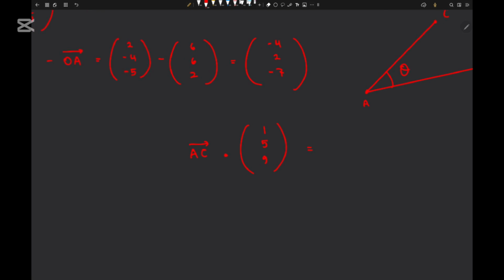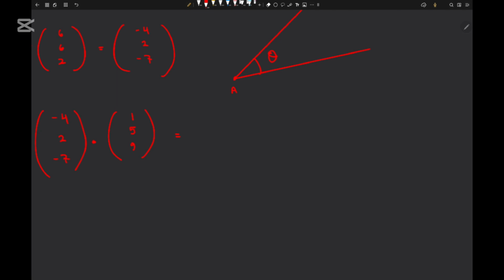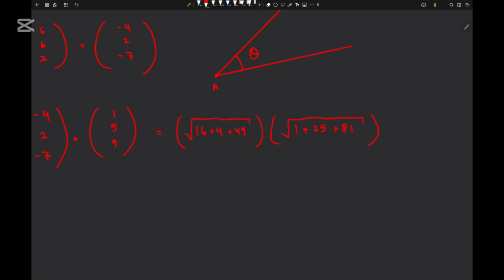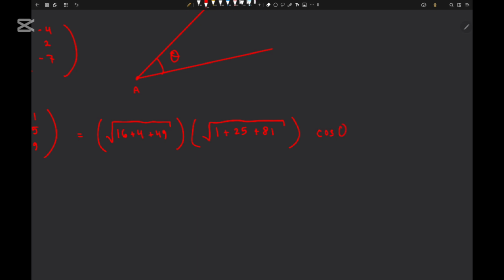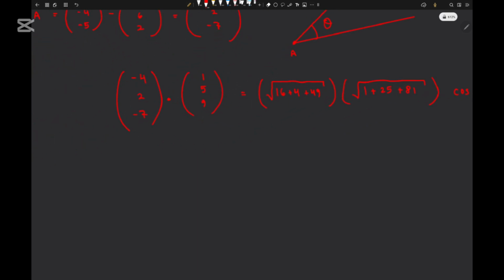So let me just write down the value of the AC vector first. So that's minus 4 and 2 and minus 7 equals the product of the modulus of both of these vectors. So it's root over 16 plus 4 plus 49 multiplied by root over 1 plus 25 plus 81 multiplied by cos theta. From this equation we can find the value of theta. Let's multiply these two vectors first.